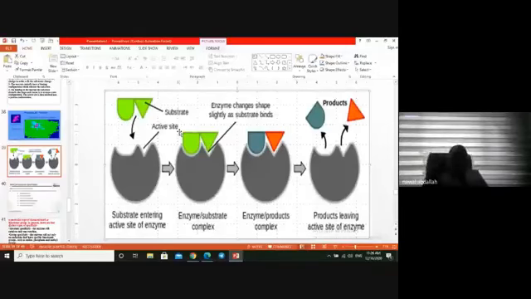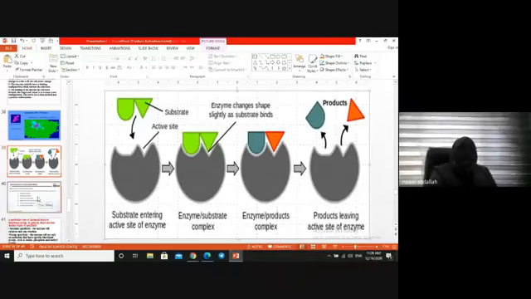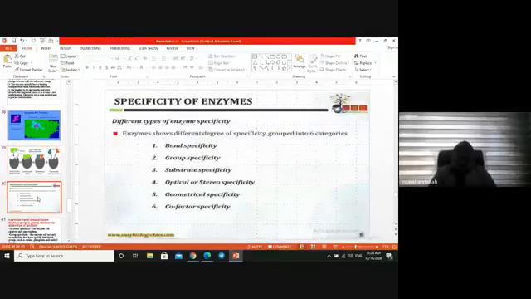And by using two theories, which are called the Emil Fischer theory or Koshland theory, or the lock and key theory, and the induced fit theory. And we will come to the specificity of enzymes.